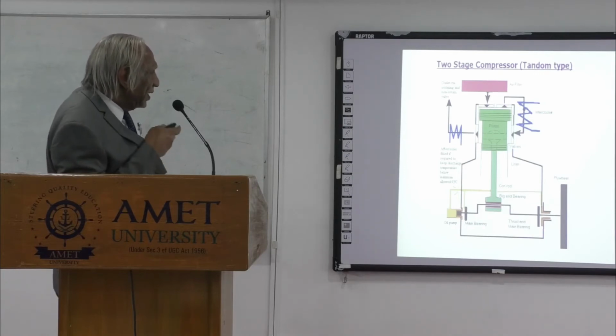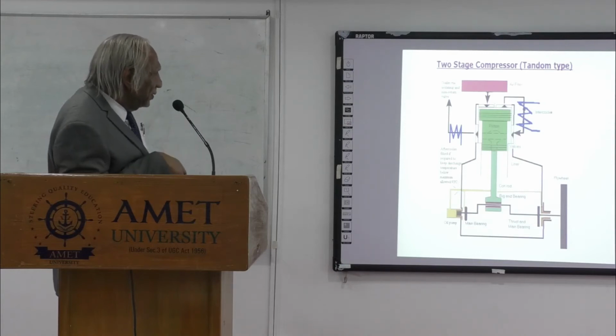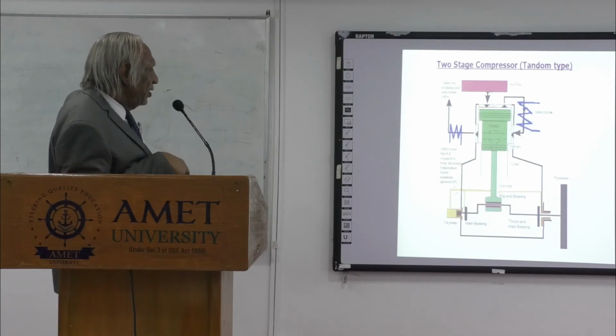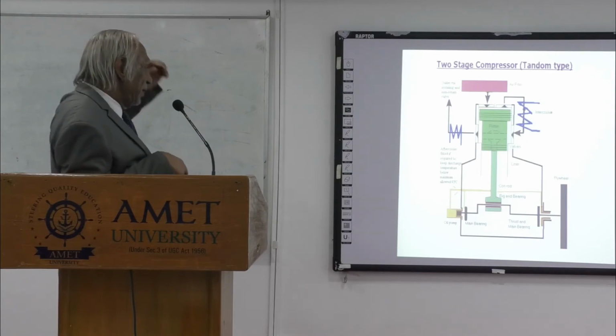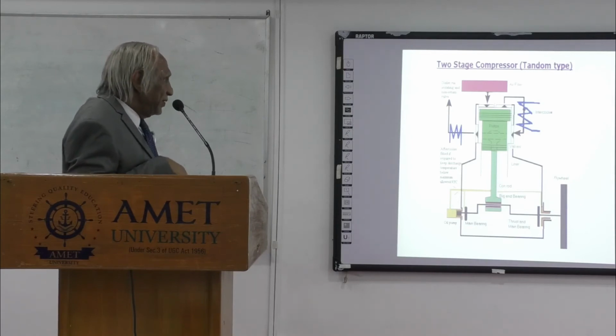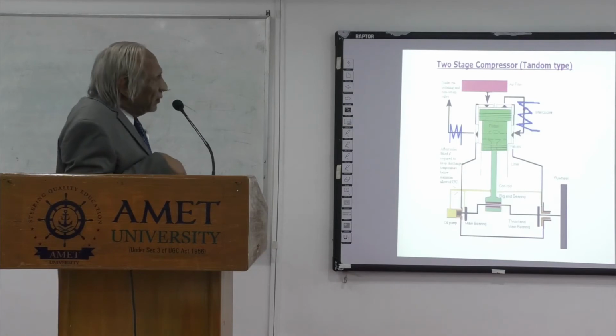Through the air filter, air is drawn into the LP stage during the downward stroke. During the downward stroke, as you can see, the annular space between the two piston diameters, the differential diameter, is the volume for compression for your LP stage. So during the downward stroke, the suction valve will open on the LP side.